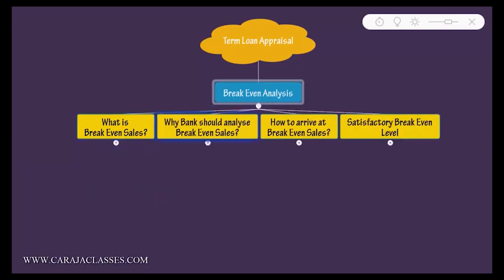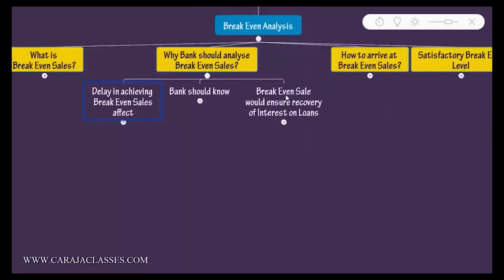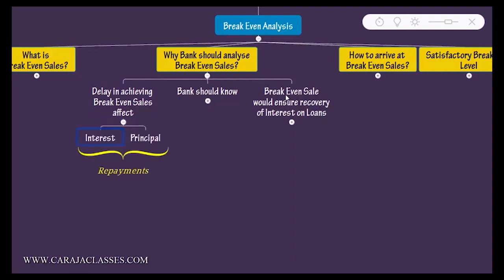Now the question, why banks should analyze break-even sale? Why they should study or why they should carry out analysis of break-even sales? It's because if there is going to be delay in achieving break-even sales, it would affect interest and principal repayments, and this would eventually affect the bank's business.